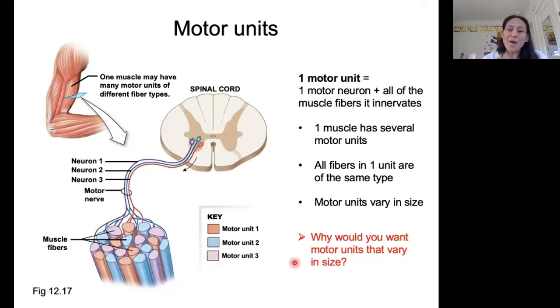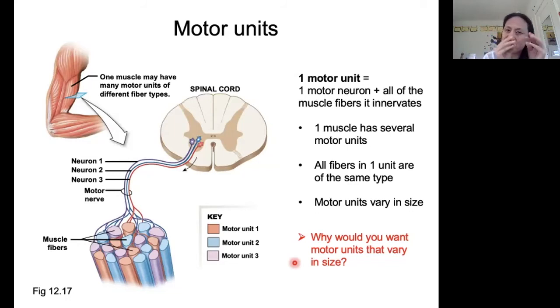Okay, so it helps to have motor units of different size because that allows you to achieve different levels of control, different levels of precision of control of your muscles. If you are doing something that requires fine control, like embroidering, which of course we all do in our spare time, that's going to require very precise control over individual small groups of muscle fibers.